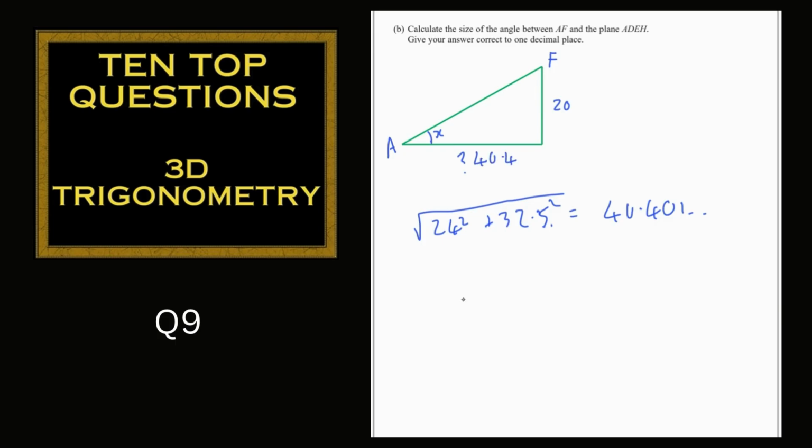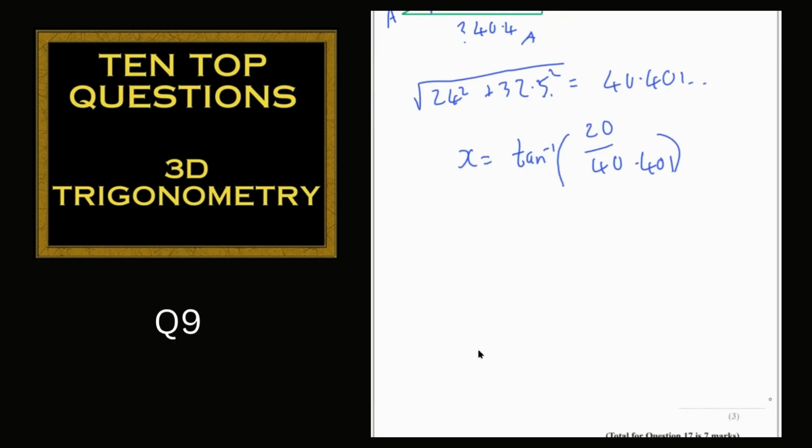But we've now got enough. As happens a lot of the time, opposite, adjacent. Yep, it's inverse tan of the opposite over the adjacent. And one decimal place. Calc says 26.337. That'll be 26.3.